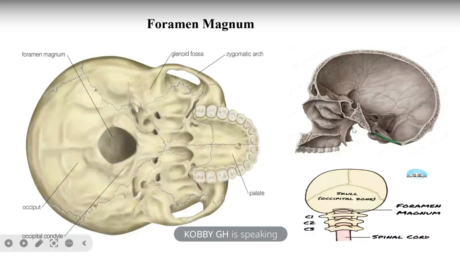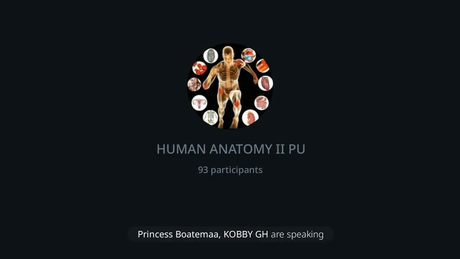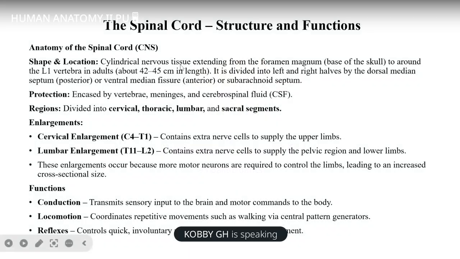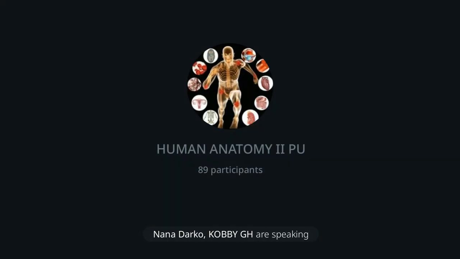That's the same thing we are seeing over here. You see, the spinal cord is connected to this process. It's connected inside, and this is the base of the skull. So the spinal cord extends from the foramen magnum, that's the base of the skull, to around the L1 vertebrae in adults.